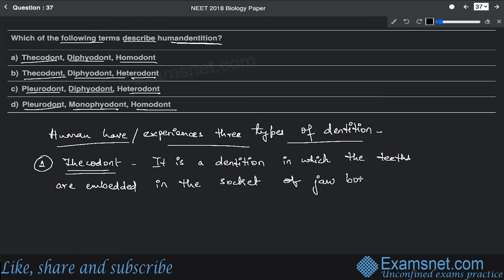Remember, the teeth are usually embedded in the socket of the jawbone. So this is the first type of dentition.